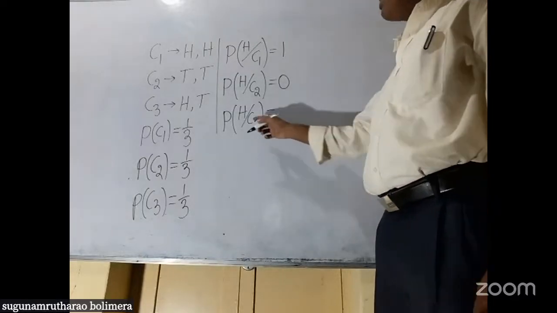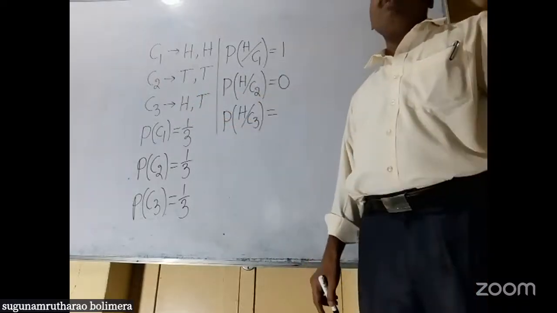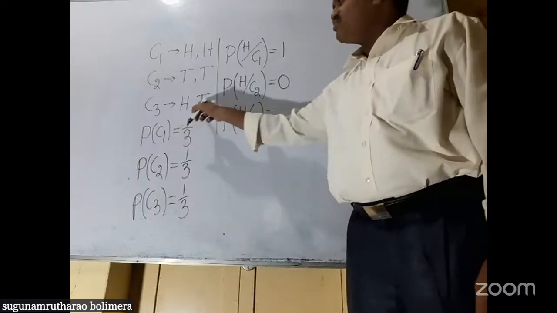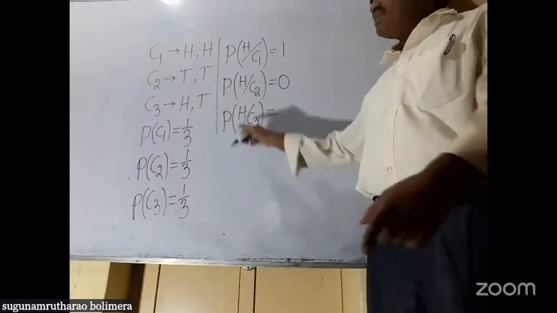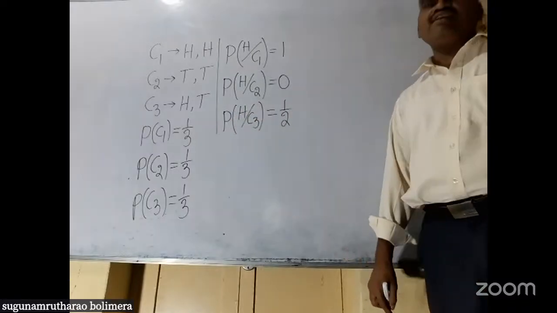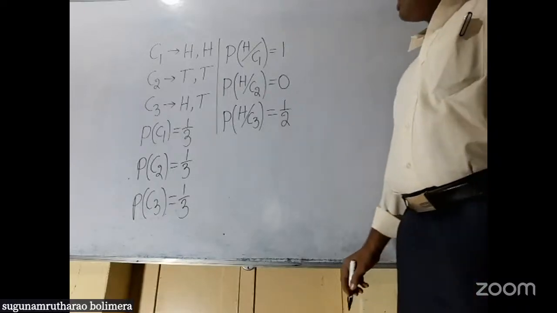C3 is having one head and one tail. Then getting head will be 1 by 2. So what is the question asked?